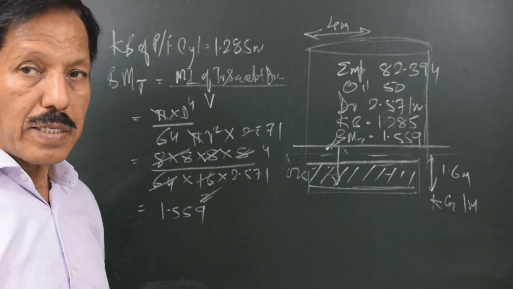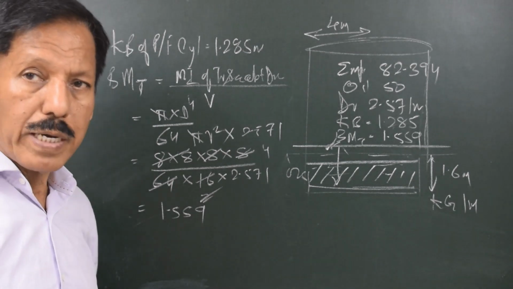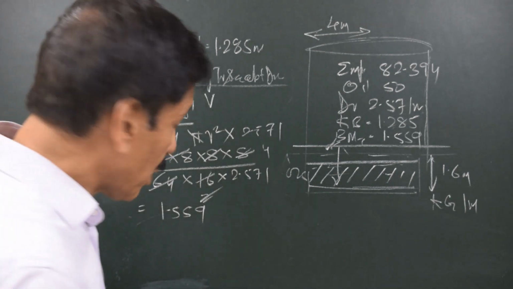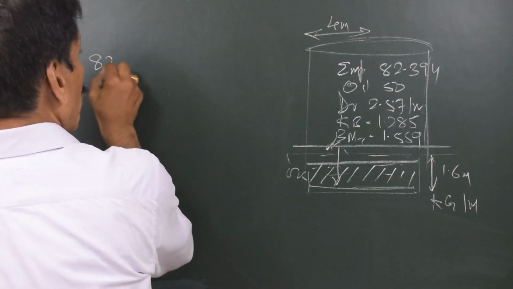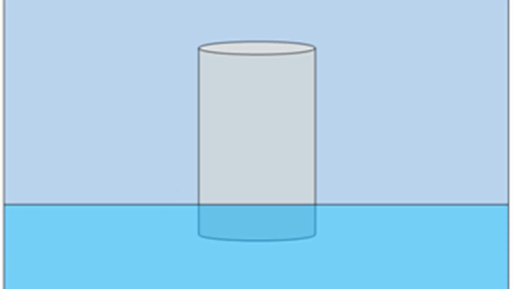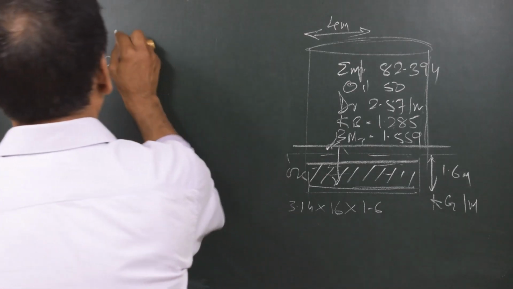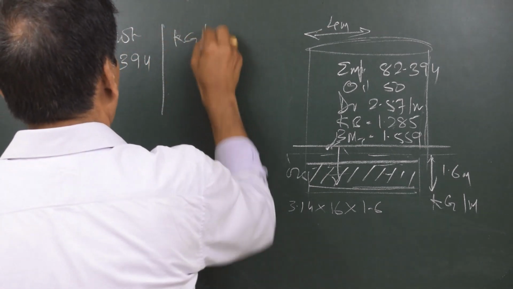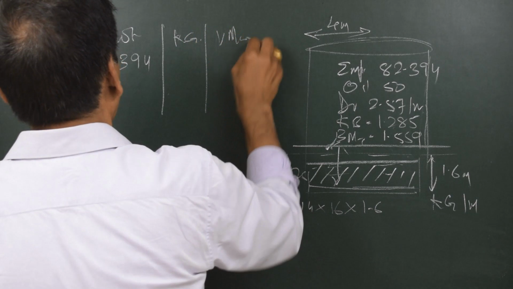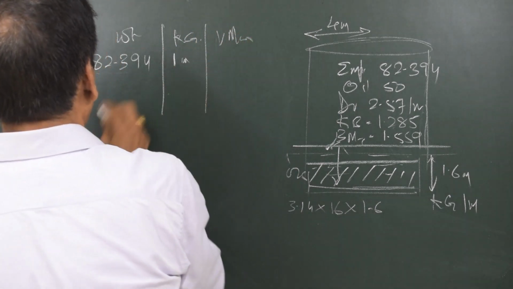Let us find out the KG, and the basic calculation method always of finding out KG is KG by moments. Now the empty cylinder is 82.394. So the weight of empty cylinder, so weights we'll put here, KGs we'll put here, and vertical moment. This had the KG of 1 meter, right?